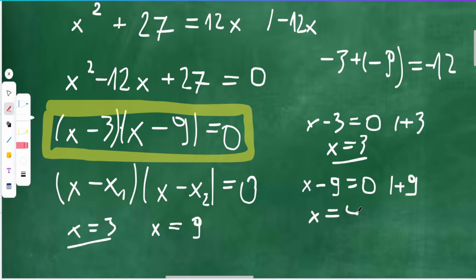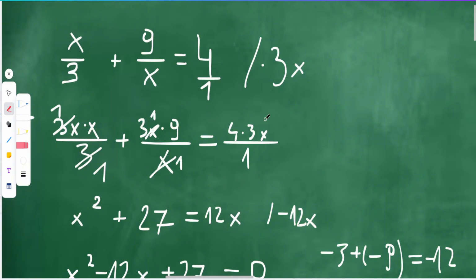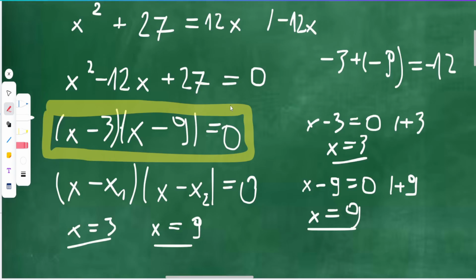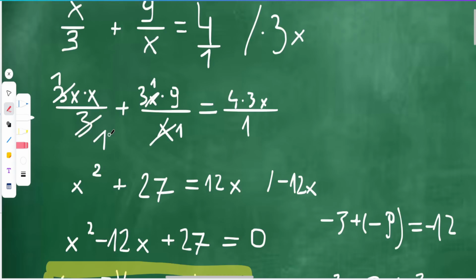And we have our second solution. And these are the correct solutions. If that's what you had at the very beginning of this task, yes, you are right, but maybe you don't believe it?